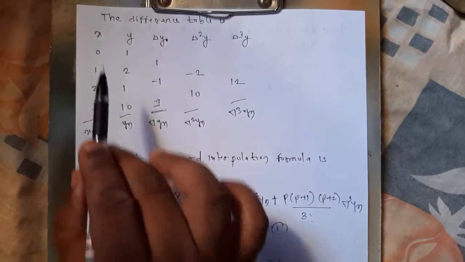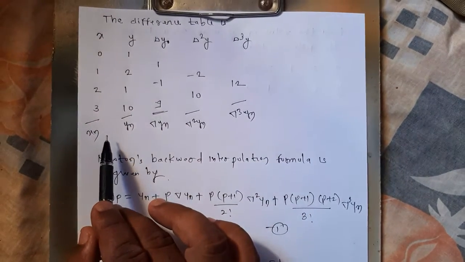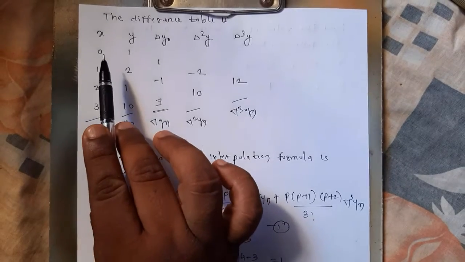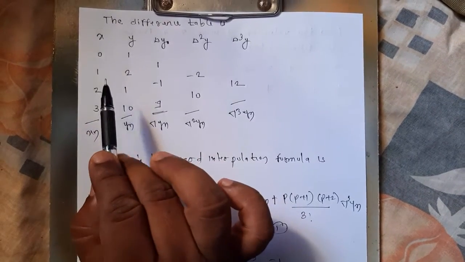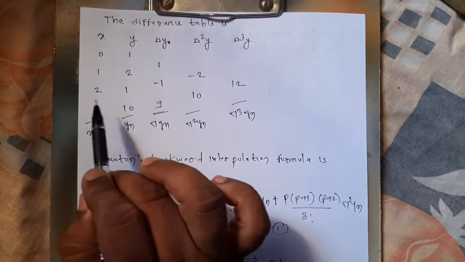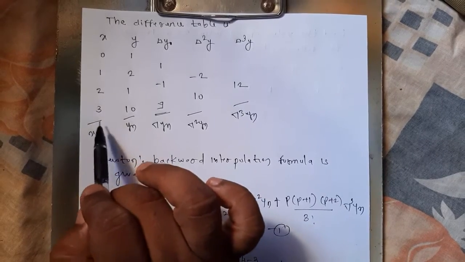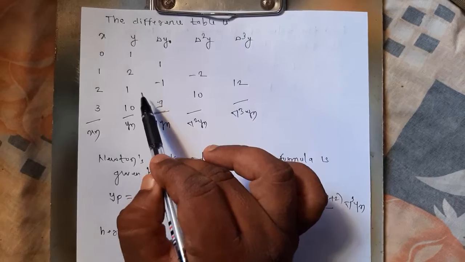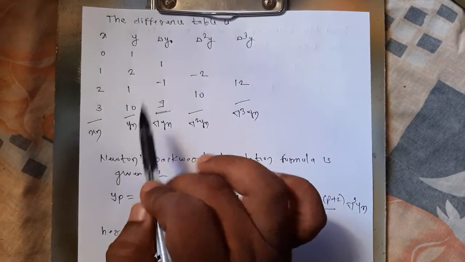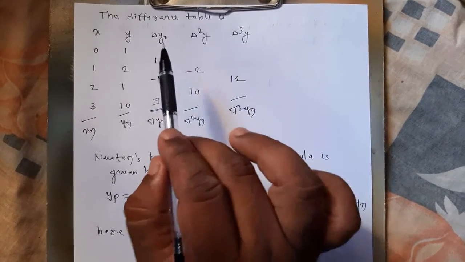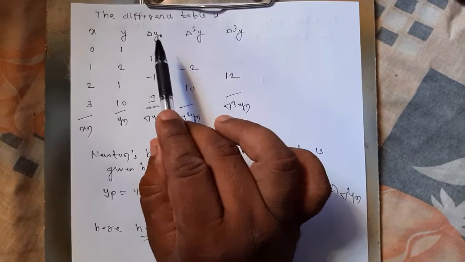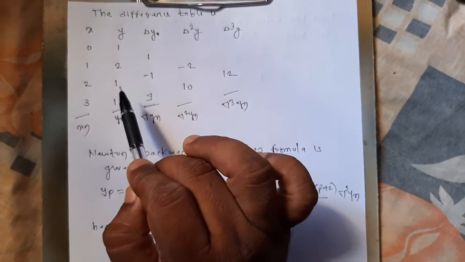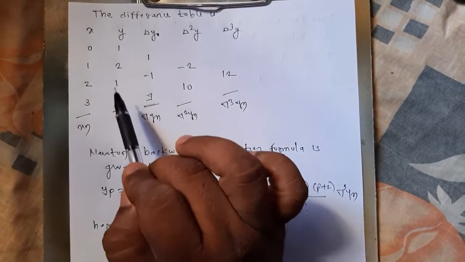First we will prepare the table. First I will write here the values of x and corresponding values of y. The first value is x naught, x1, x2 and x3. So this is the xn value. Similarly, y naught, y1, y2, y3 and this value is yn. First I will find the del operator, the differences. So 2 minus 1 is 1, 1 minus 2 is minus 1, 10 minus 1 is 9.